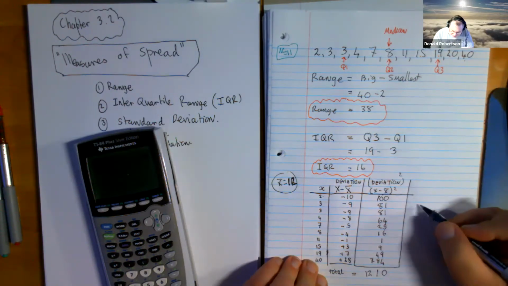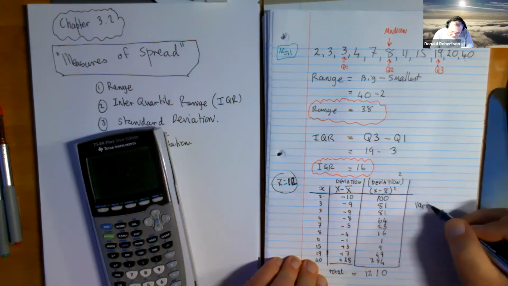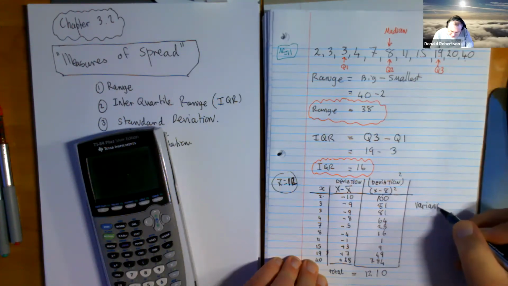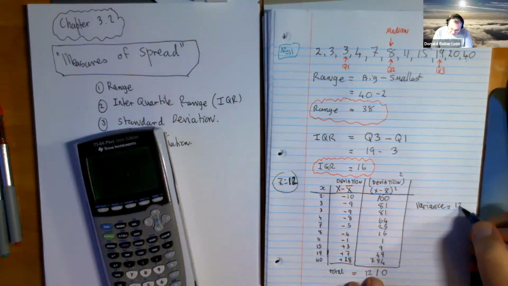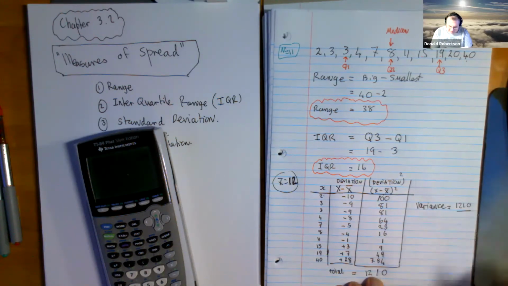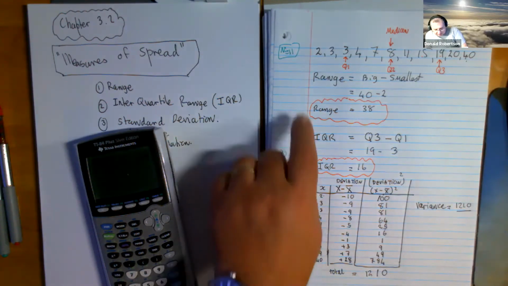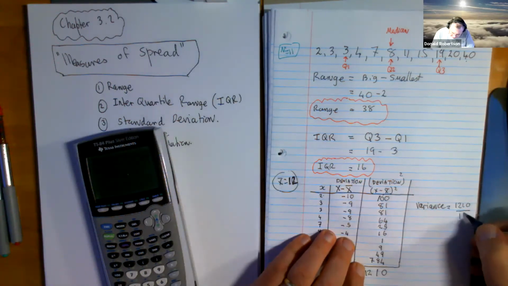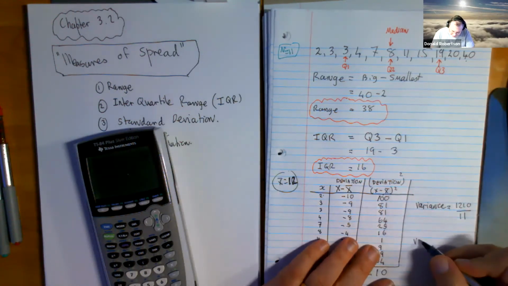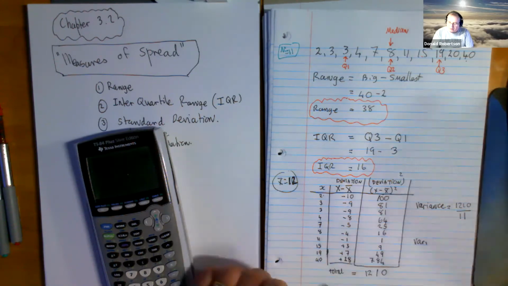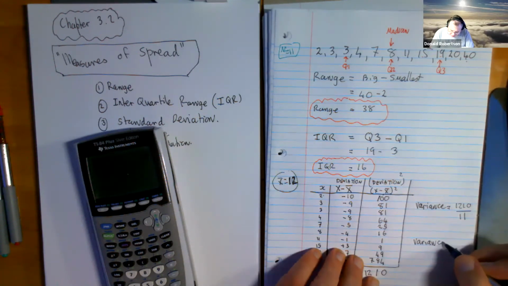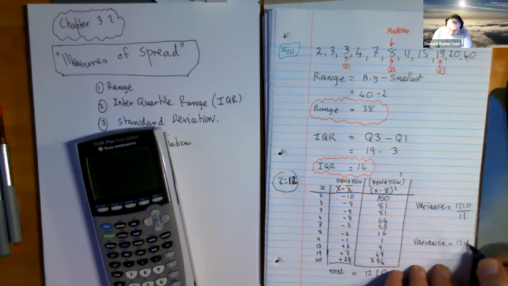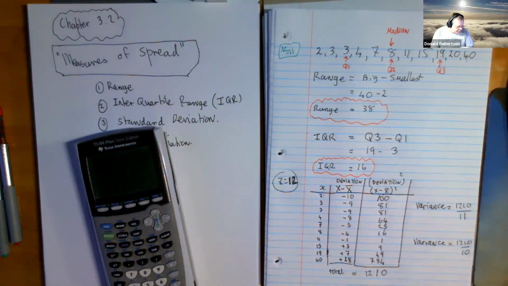Next stage. Well, the next guy has a name. It's called the variance. And to get the variance, you take that total and you divide it by 11 numbers. Here's Chris coming now. Or you divide that total by 10 numbers.